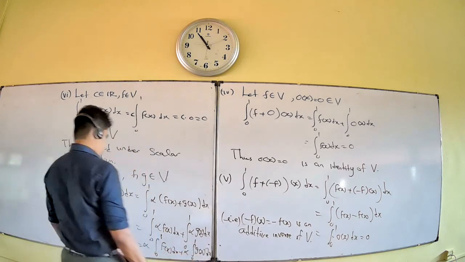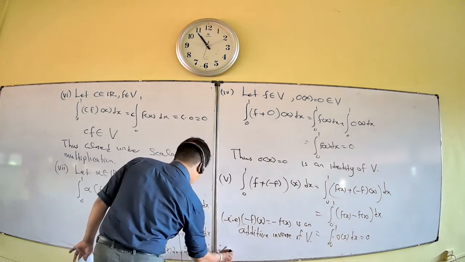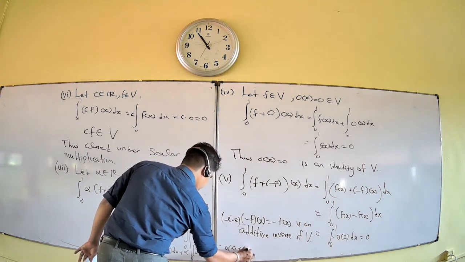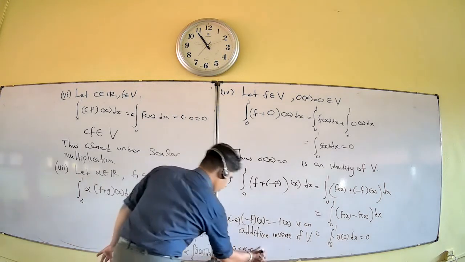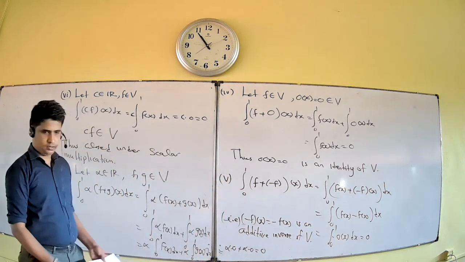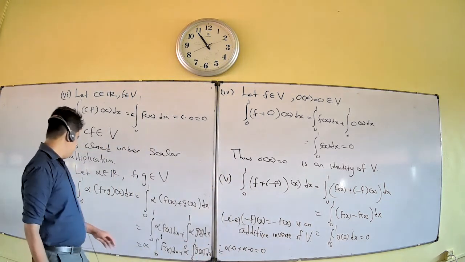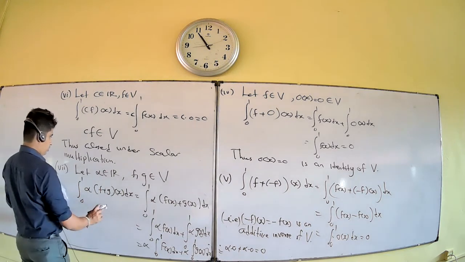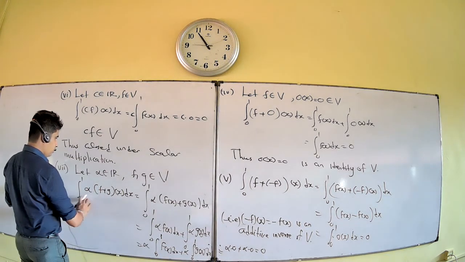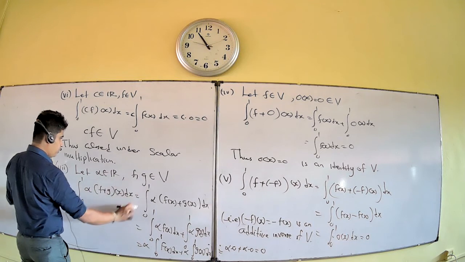So here it is alpha times 0, alpha times again 0. So therefore 0. So this is 0 means, right? This is 0. Now your claim is you want to show that this integral is equal to which one?